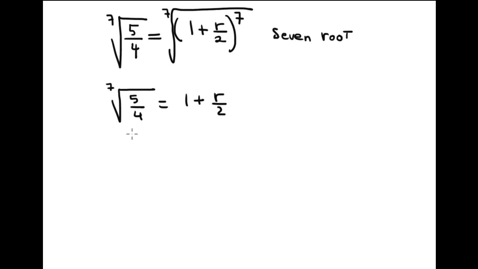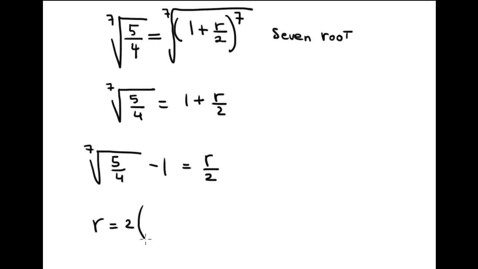Now subtraction: the 7th root of 5 over 4 minus 1 is equal to R over 2. Now multiplication by 2, the answer then is R is equal to 2 times the quantity 7th root of 5 over 4 minus 1.